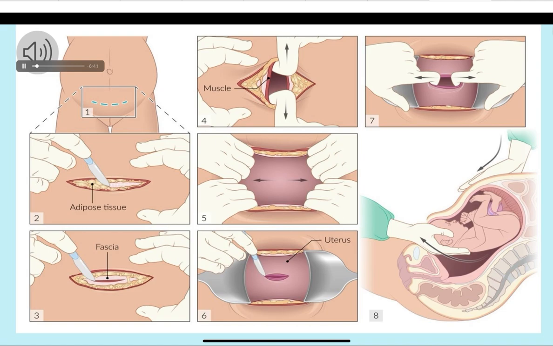Now note the blue dashed lines that you see are across the lower abdomen where the uterus is located. Note that the line is not up on the belly button. It is not over her private area, the mons pubis. It is over top of the area where the uterus is located.